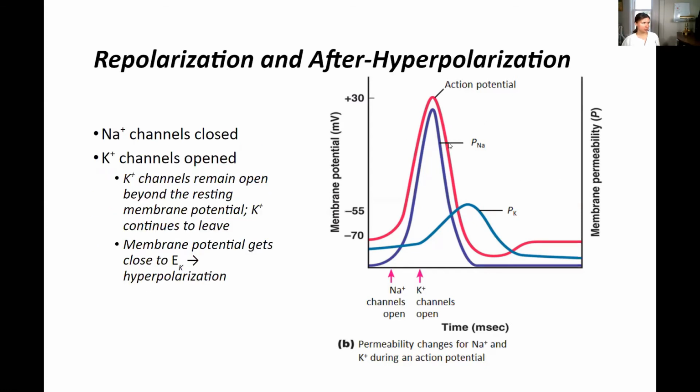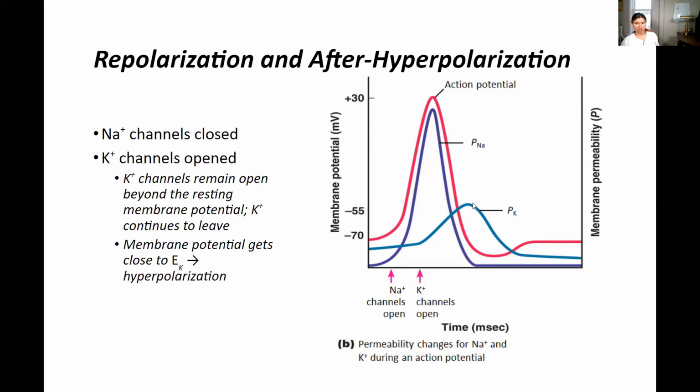So that's our repolarization. Then we have this after-hyperpolarization that's happening after our action potential has fired off. For a little while, our voltage-gated potassium channels stay open. Because they stay open, we're a little more permeable to potassium than we usually would be.